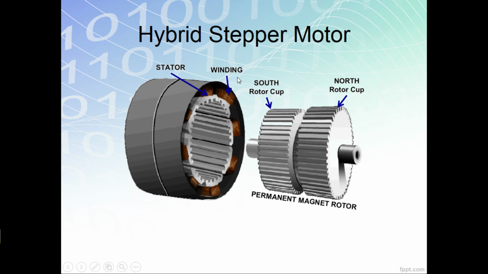It has stators and windings, but this hybrid stepper motor has this south cap and north cap, which is a permanent magnet. To clearly see how a hybrid stepper motor works, we should check the cross section.